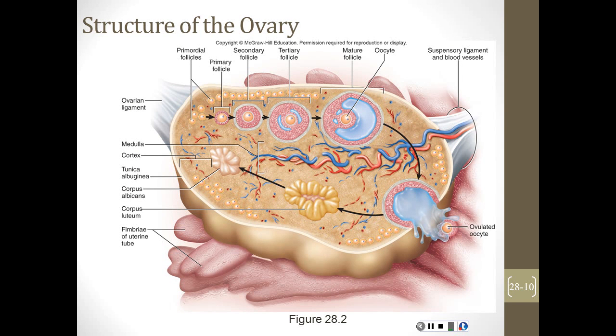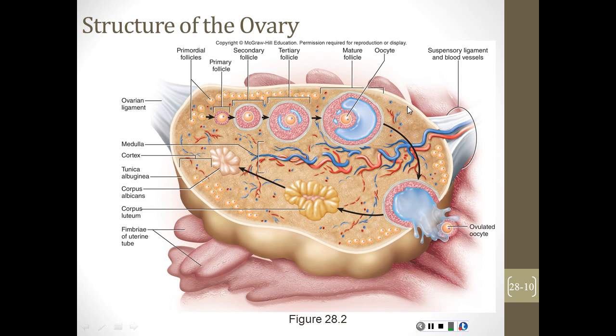Now, its capsule is called the tunica albuginea, which is right around here. This is considered to be the capsule, and it's just like the one that the testes have.